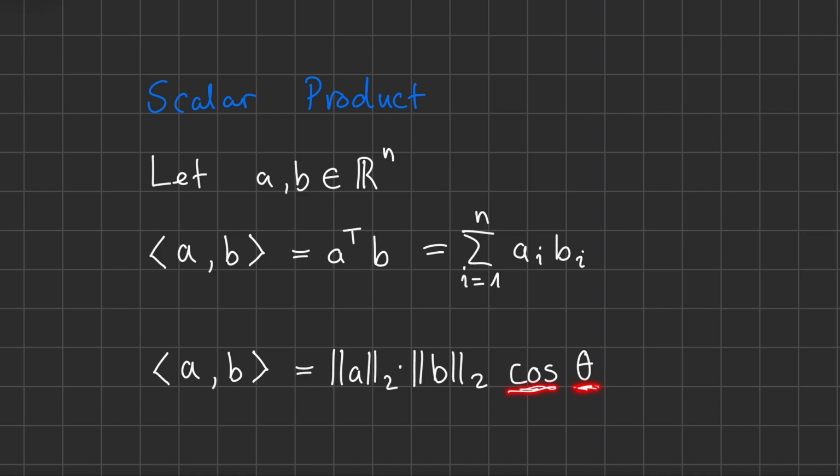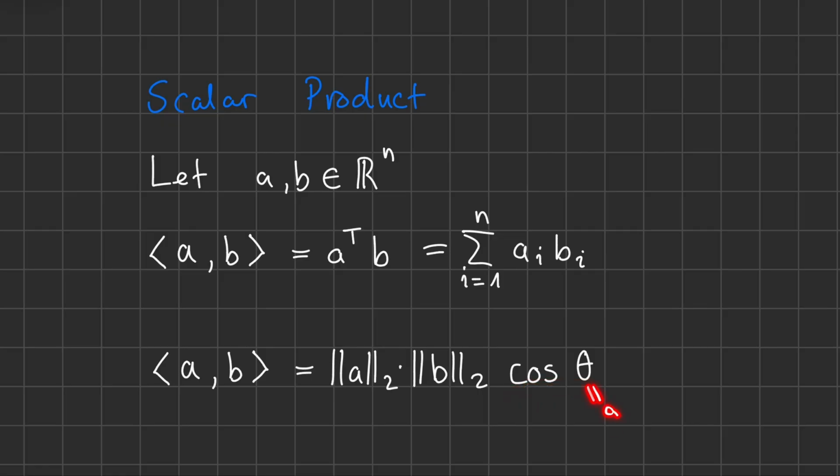So theta here is the angle between our vectors a and b. And this is precisely what gives us orthogonality. So while the length of each of the corresponding vectors has an influence on the scalar product, so does this angle. And this angle now directly correlates with our concept of orthogonality.